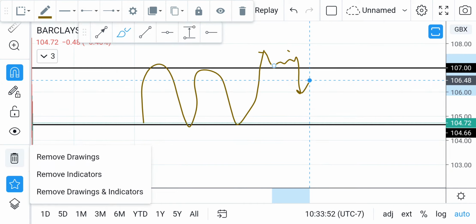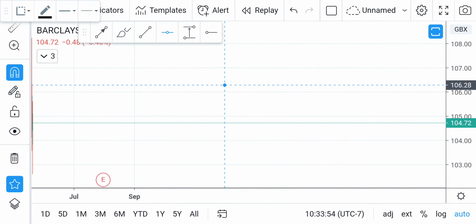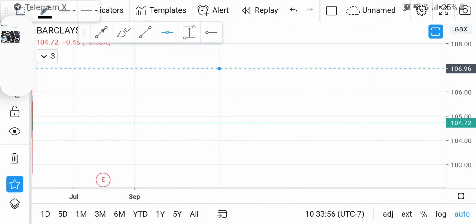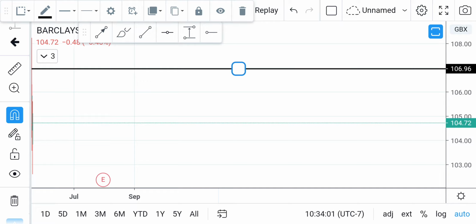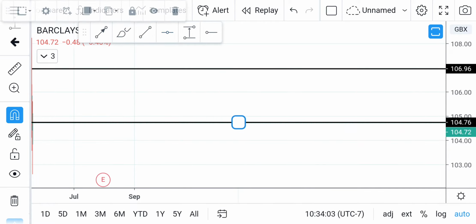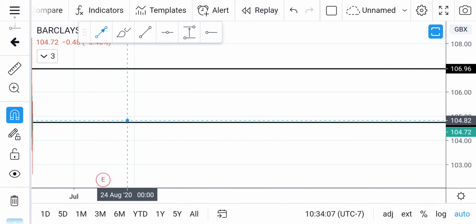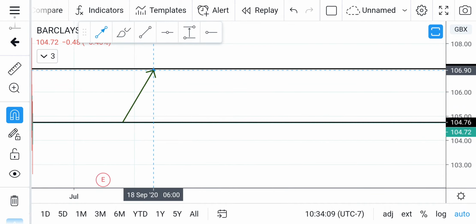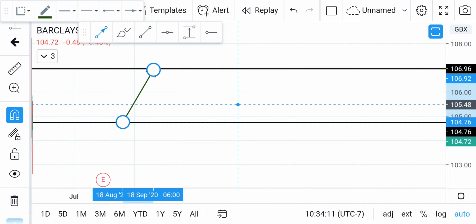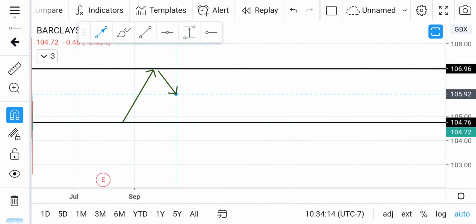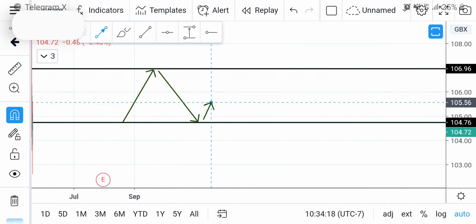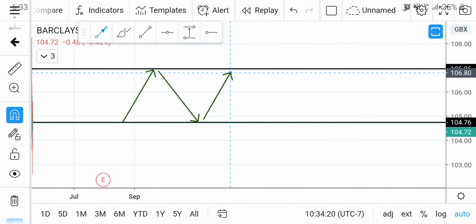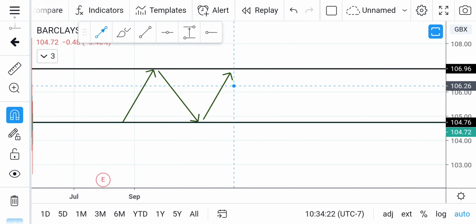So let me illustrate it in a better way. Let's use arrows to illustrate it. So let's say price is moving like this, up, then down, up, then down.